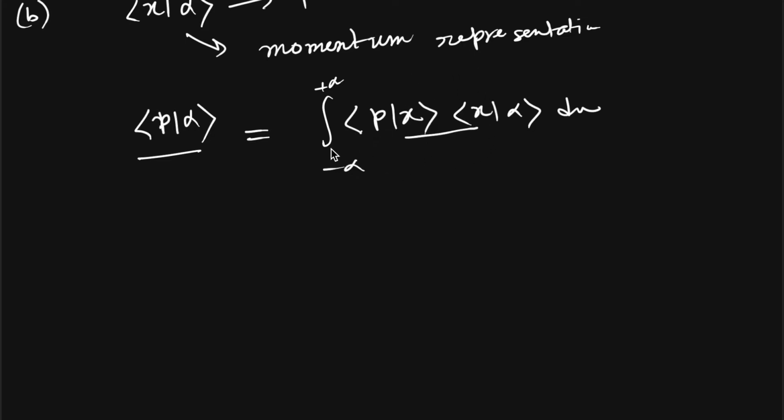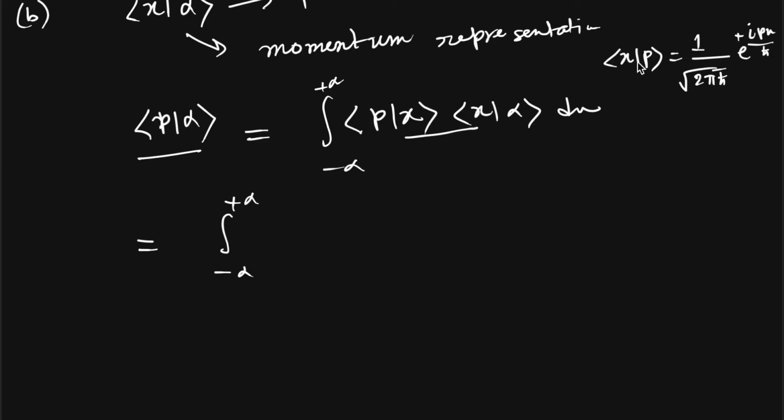That means this can be written in this form. So this will be integral from minus infinity to plus infinity, and we know that <x|p> is equal to 1 by root over 2 pi h cut, exponential plus i px by h cut.